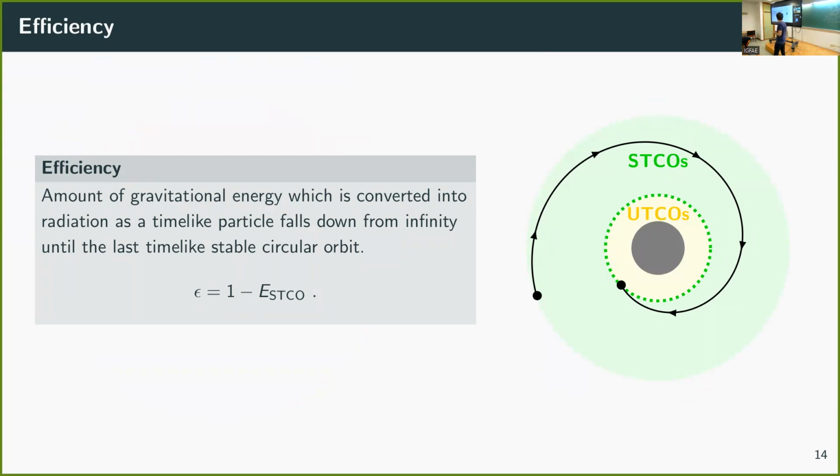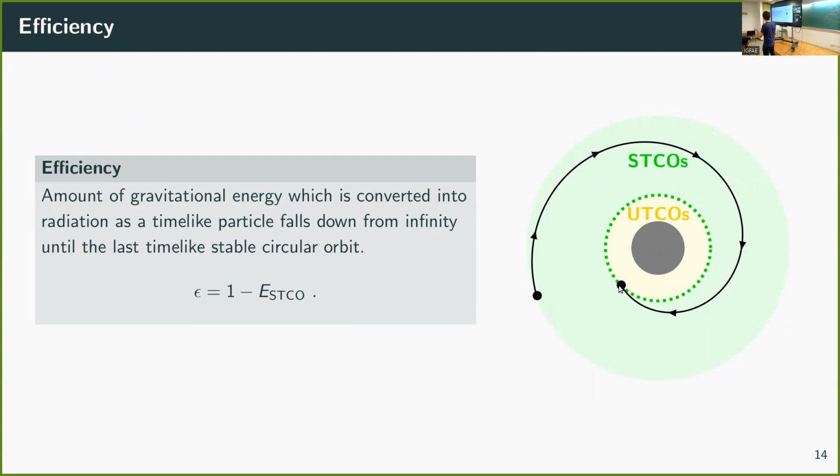Very briefly, the efficiency is just an estimate for the amount of gravitational energy which is converted to radiation as a time-like particle falls from infinity up to the last stable time-like circular orbit. So we have a particle that is falling, losing energy for some reason, and going all the way up to this last time-like circular orbit.